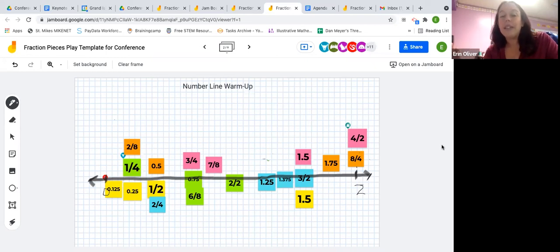Does it really look like 1/2 is halfway between 0 and 1, or do we need to space that better? So there's a magnitude lesson that comes along with this number line. Again, I'm trying to not spend more than 10 minutes on this. So sometimes we leave stickies in the wrong spot. That happens sometimes. Any questions about this?